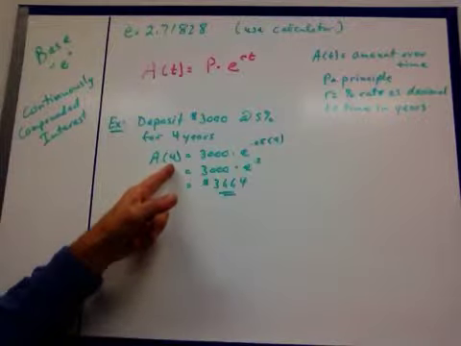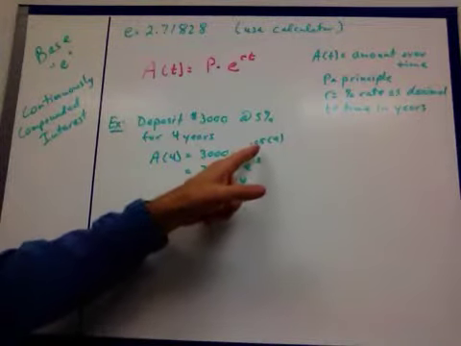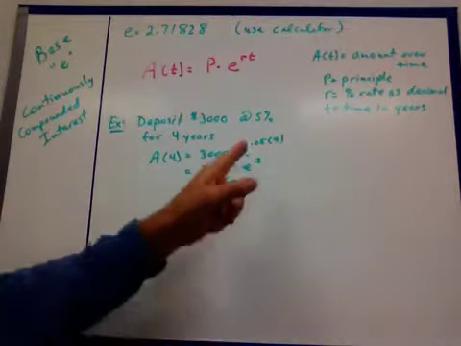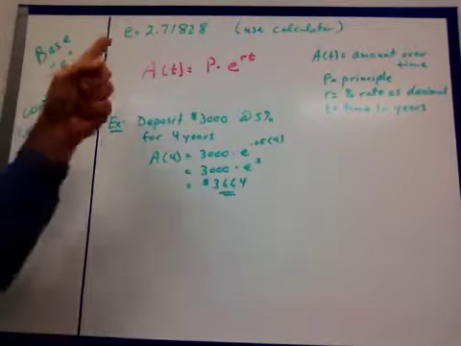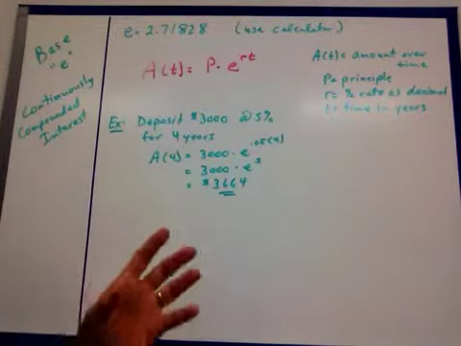Well, the amount after 4 years would be 3,000, my principal, times e to the 0.05, my rate as a decimal, times my time, 4. 0.05 times 4 is 0.2. e to the 0.2 power times 3,000 is $3,664. That's what you would have in your account after 4 years if it's compounded continuously. So there's another example of it.